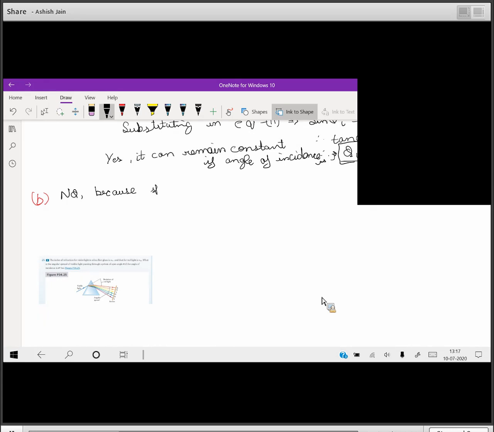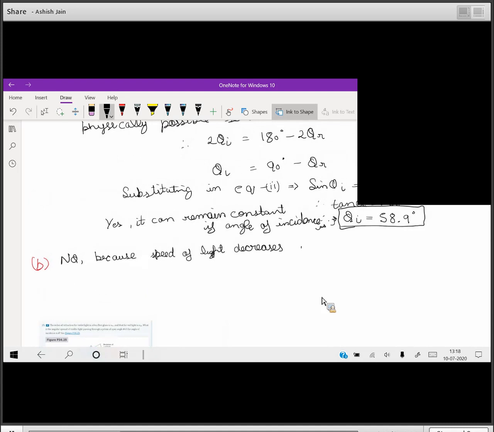when the speed of light decreases when it enters an optically denser medium, and it bends away from the normal.